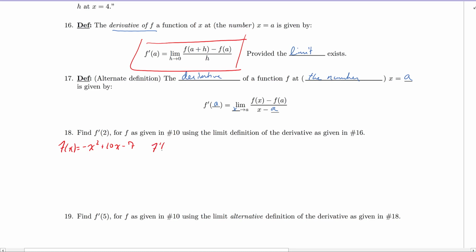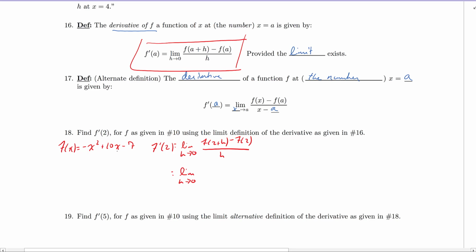So we have f prime of 2 is equal to the limit as h approaches 0 of f of 2 plus h minus f of 2 all over h. Well, that's equal to the limit as h approaches 0 of, now I'm going to tailor the limit definition to this specific function.